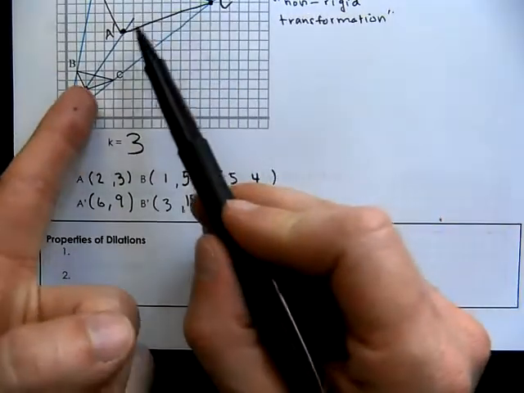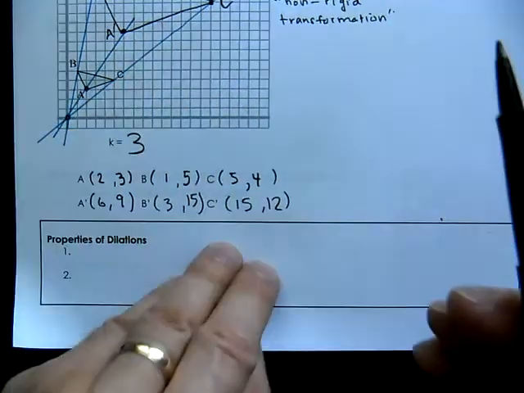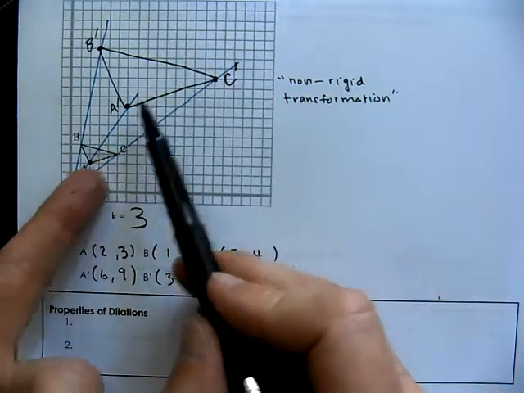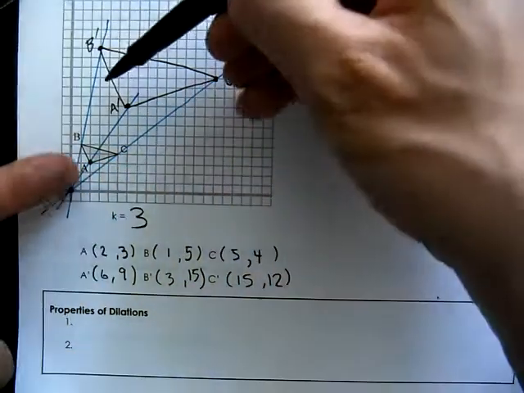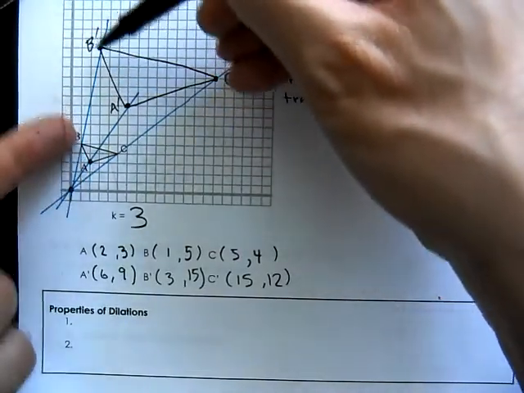Again, we'll talk more about them in a future unit, but here they are. If you take a look at these corresponding sides, so that means we're looking at matching sides. We're looking at sides, for example, from A to C and A prime to C prime. Those are corresponding sides. Or B to A, or B prime to A prime, those are corresponding sides.